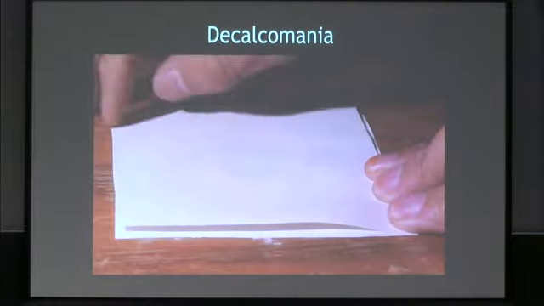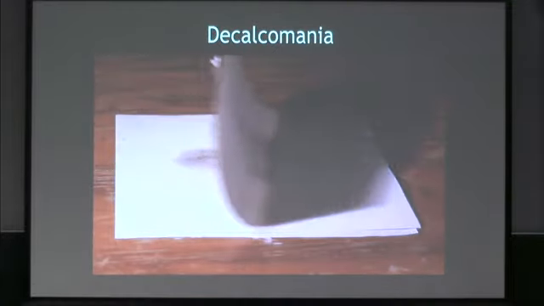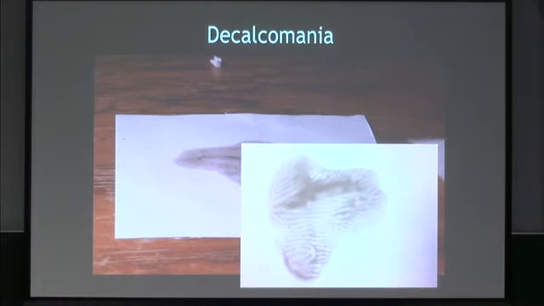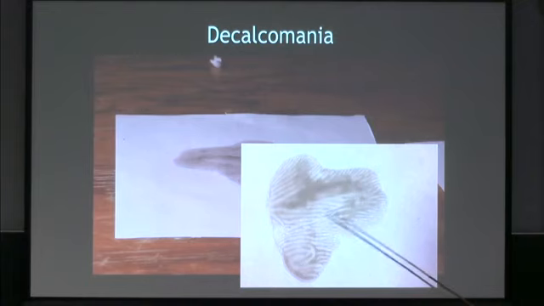You spread it thin, and then you just rip it off like that. Okay? And what you produce is this. So painters that use decalcomania are looking for these textures.